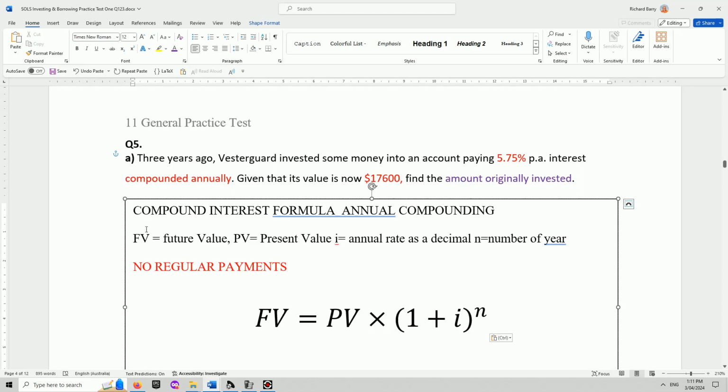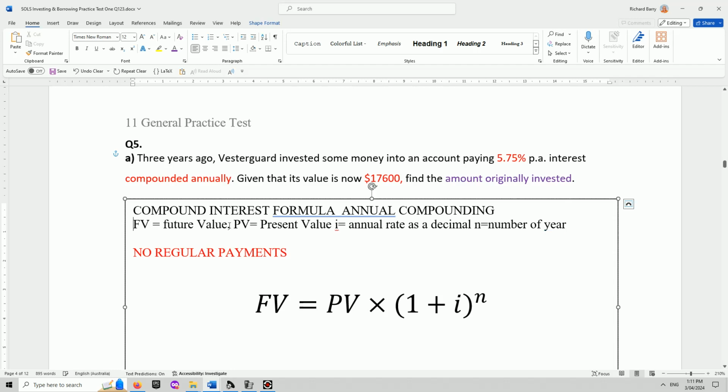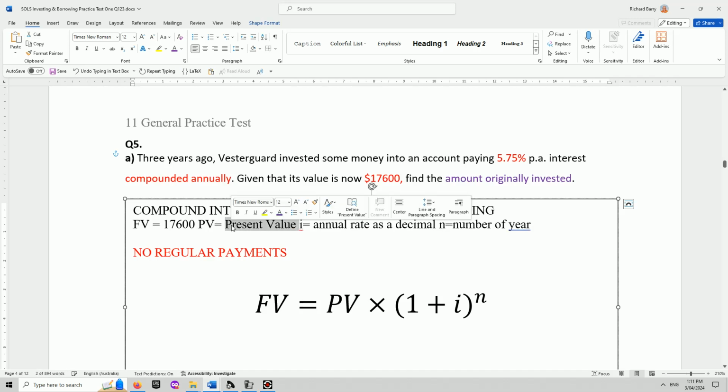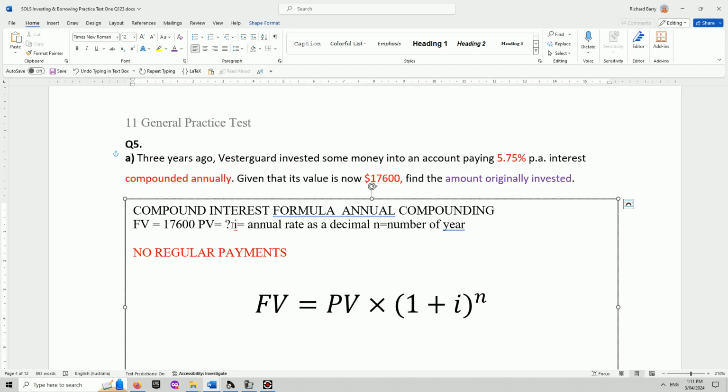Right, so the future value in this question is 17,600. The original amount we want to find is the question mark. The annual rate as a decimal is 5.75%, or 0.0575.